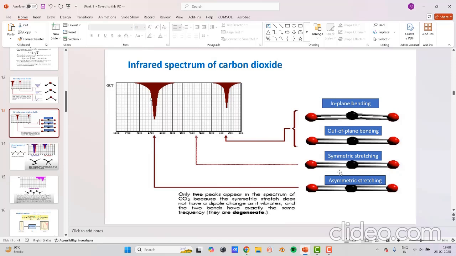Yes, this is CO2. So we cannot say like that, but homonuclear means similar kind of molecule, like Cl2 or H2, hydrogen, like that.